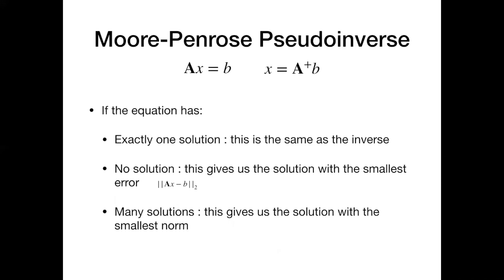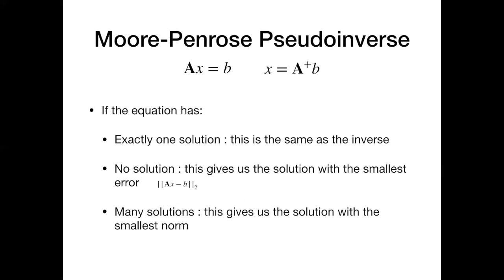And with this pseudo inverse, we can solve this linear equation system by just doing the multiplication between the pseudo inverse of A and the vector b.